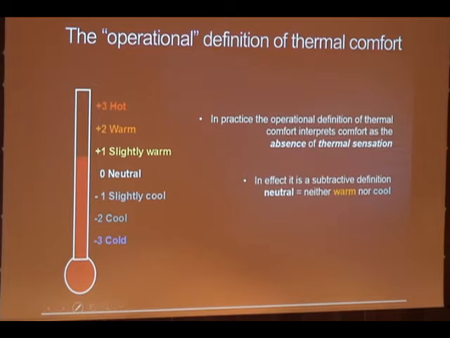In effect, it's a subtractive definition of thermal comfort. It's the removal of warmth or coolth from our thermal experience. And it's important to note that there's no reference to affect, no reference to liking or disliking or satisfaction. It's just neutral.